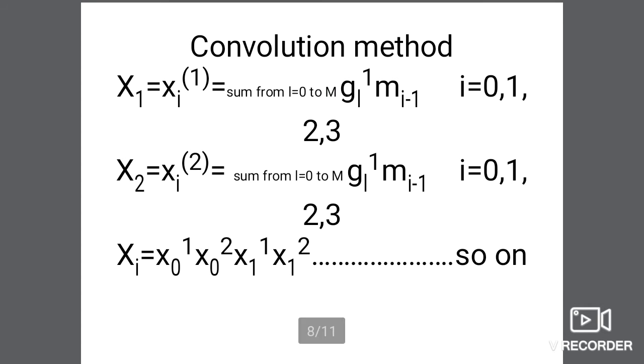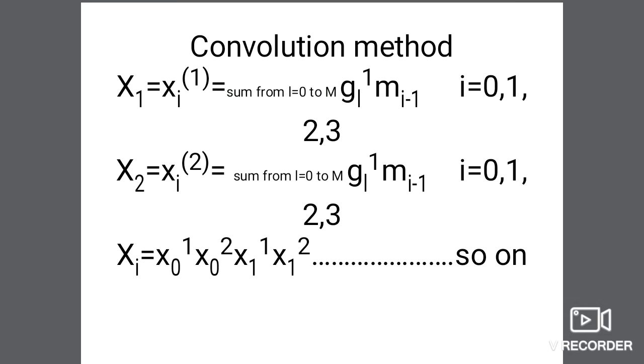It is very important. The impulse response sequence we have is g0(1), g1(1), g2(1) for one output, and for x2 it is g0(2), g1(2), g2(2), and so on.